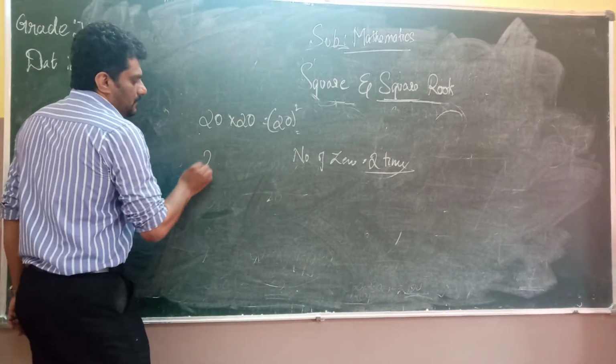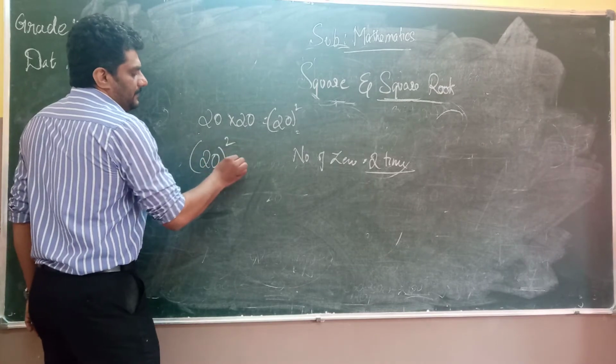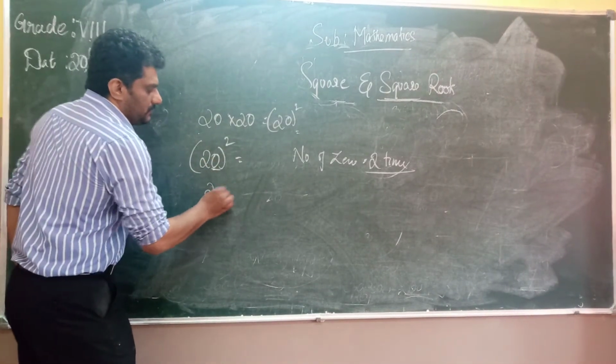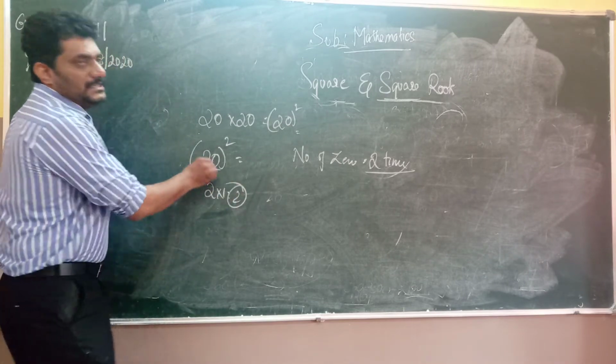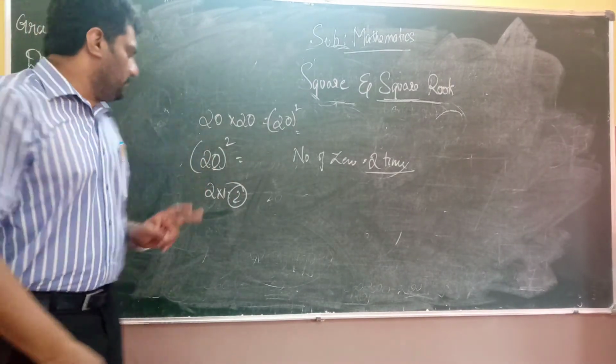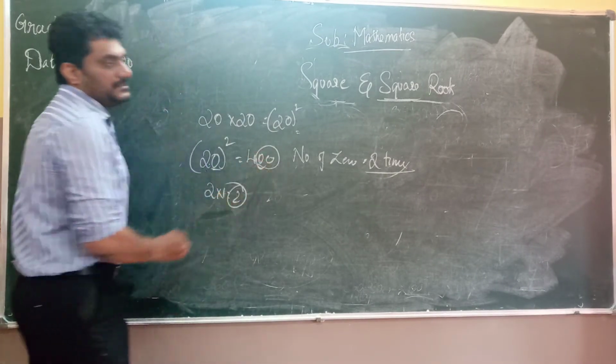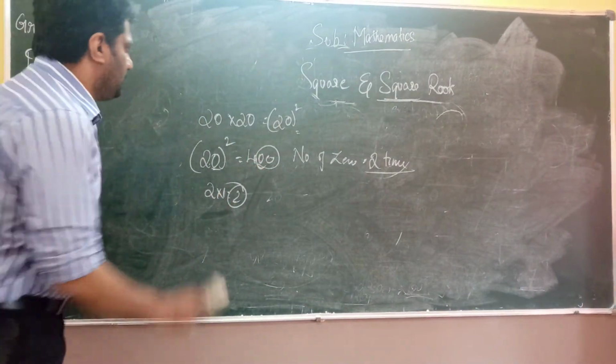Example, 20 square. How many zeros do we have here? 1 zero. 2 into 1 is 2. That means 20 square will have 2 zeros. 20 square is nothing but 400. See here, 2 zeros.